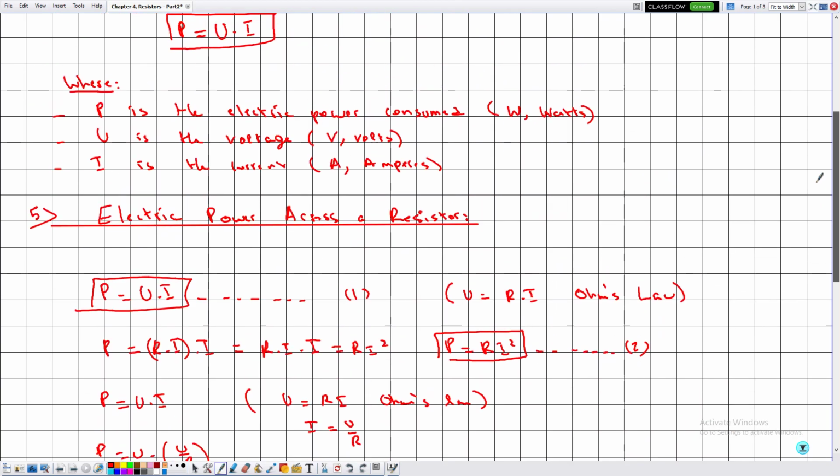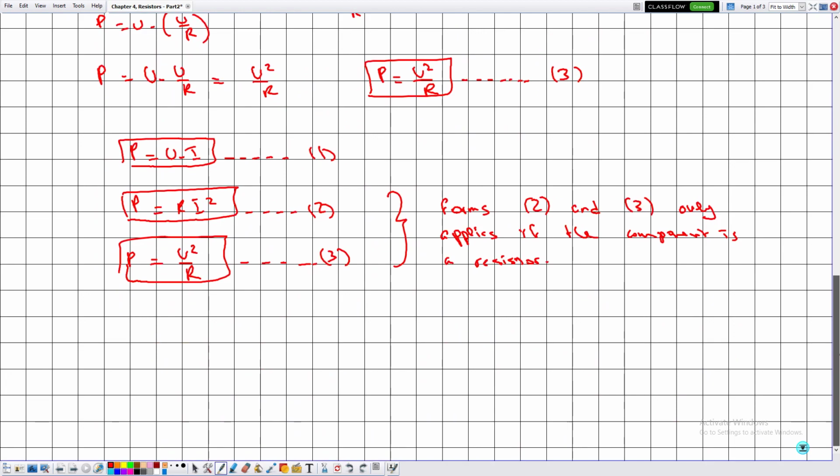So now after we have determined the expression of the electric power across a resistor, let me start with section number 6, which is the electric energy.